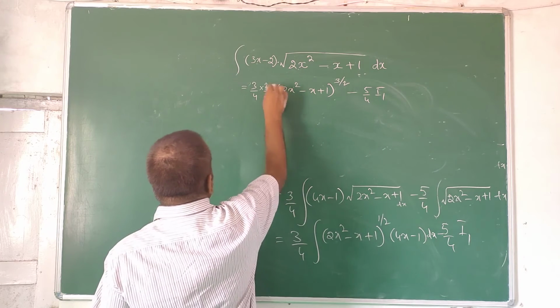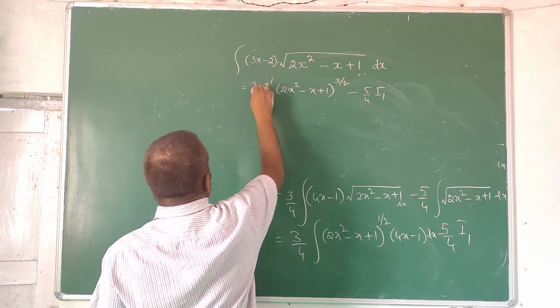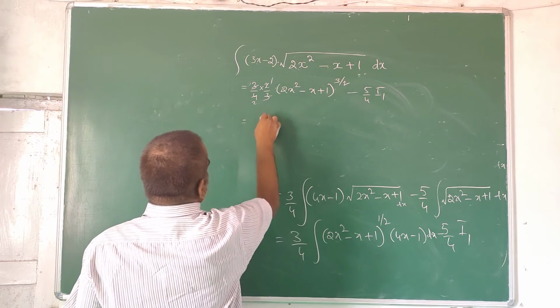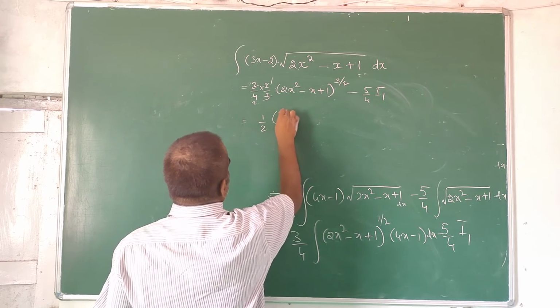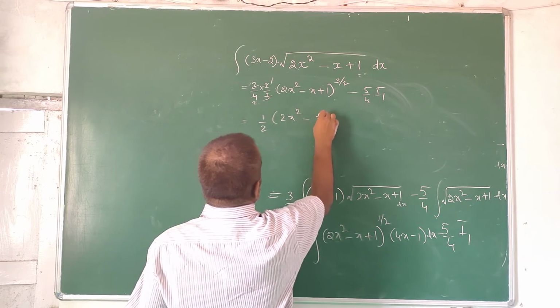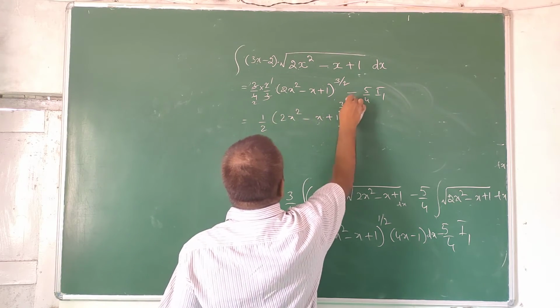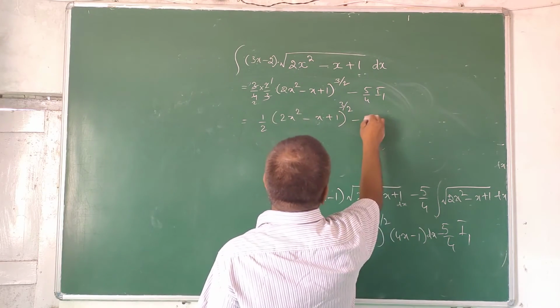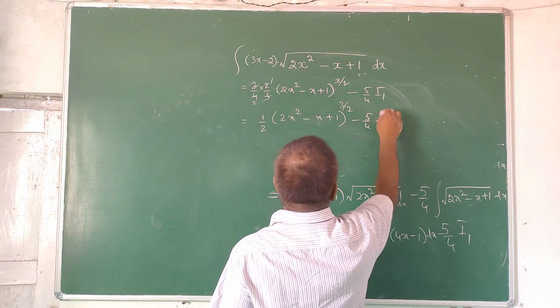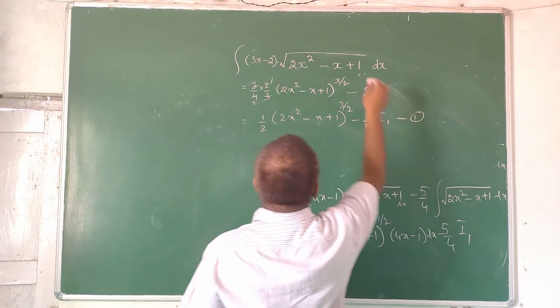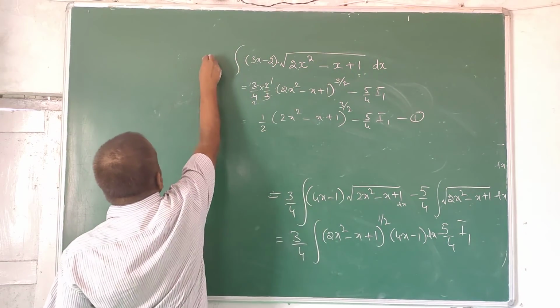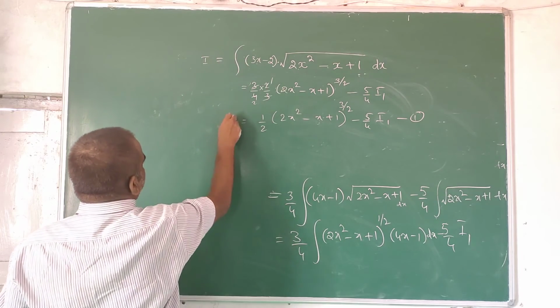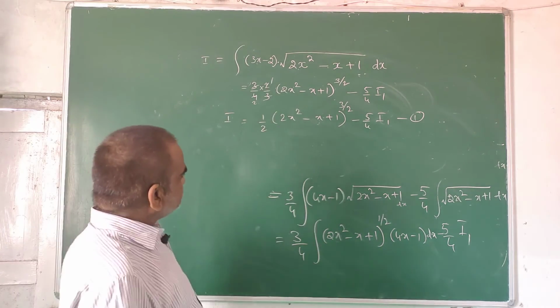So now this 3 and 3 get cancelled, 2 1s are 2, 2 2s are 4. So 1 by 2 into (2x square minus x plus 1) whole to the power of 3 by 2 minus 5 by 4 I1. So this is equation 1. This is our given integral, so this is I. So this I is equal to this.